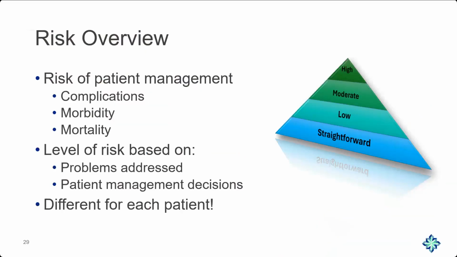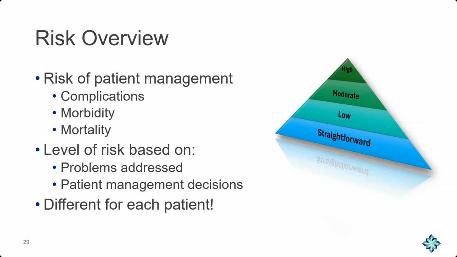Now, risk is one where we get a lot of questions, and there's a bit more gray area here. It's all going to be based on that specific patient. So here we're talking about the risk of complications and/or morbidity or mortality to the patient from the testing, the diagnostic procedures, the interventions, so the treatments and those decisions that are made as part of that care plan.